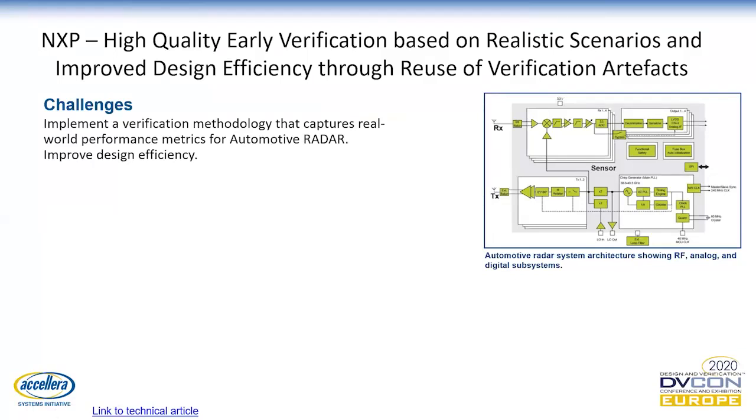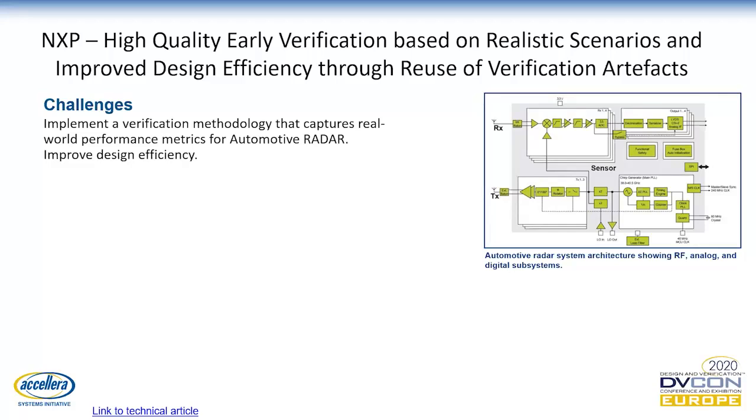That means they needed to generate realistic road scenarios. Again, it's a radar project for automotive. So realistic road scenarios they had to generate to verify the complete radar design. They had to satisfy requirements for this multi-domain design that were dictated by the customer and based on the Euro NCAP scenarios, the European automotive testing body that probably all of us are familiar with.